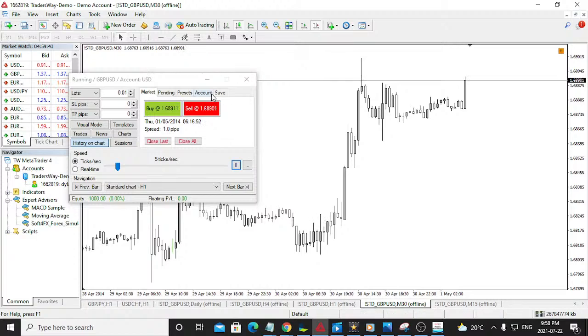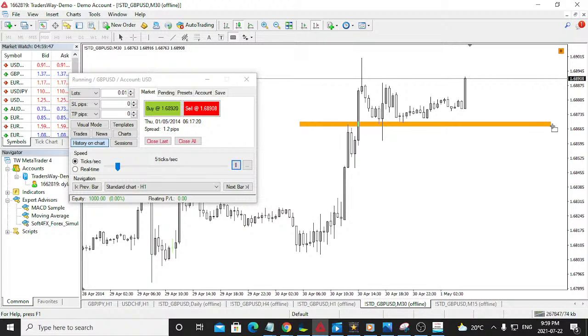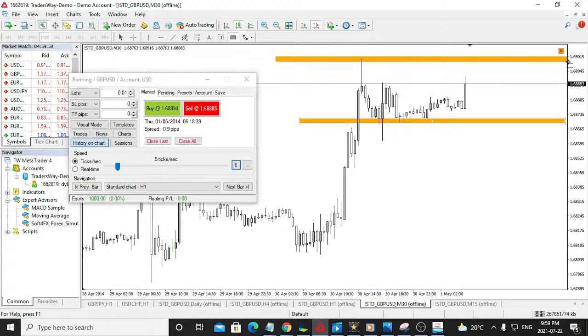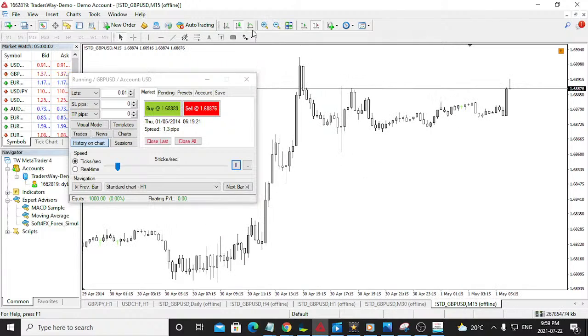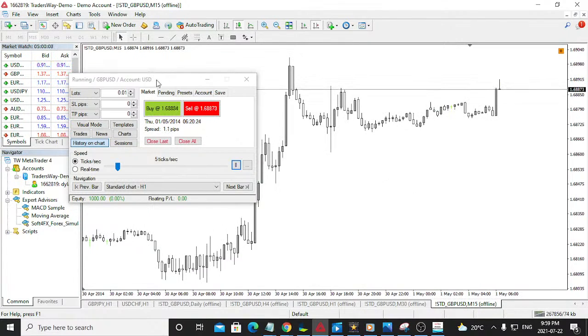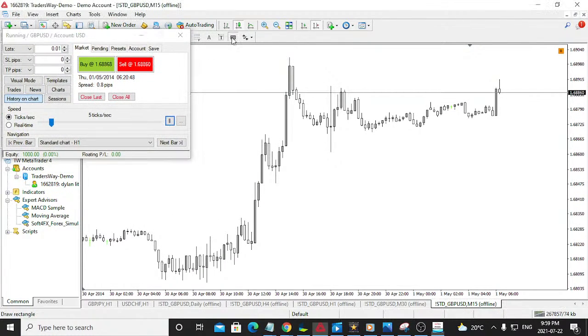Okay, so when we zoom into the 30-minute, yeah, this support's looking really nice. Let's move that a little bit. And then, to be on the safe side, we have this level of resistance right there. Zooming in one more time. We just zoom out, zoom in, move this.